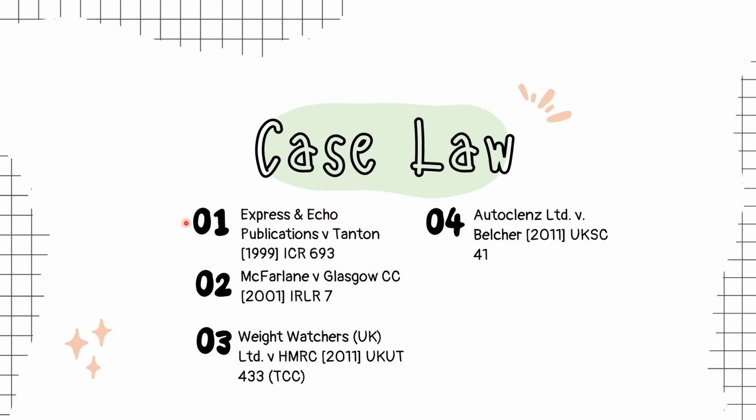So we distinguish these two cases in the ebook, but I want to mention this case right now. In AutoClines Limited versus Belcher, the company had contracted with the claimants to work cleaning cars. This was a case where the workers were claiming holidays with pay.